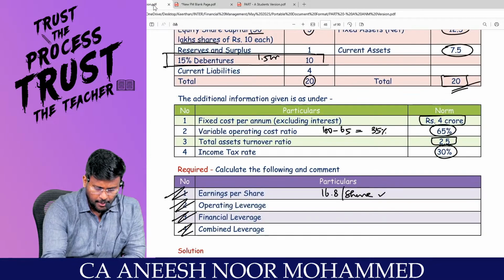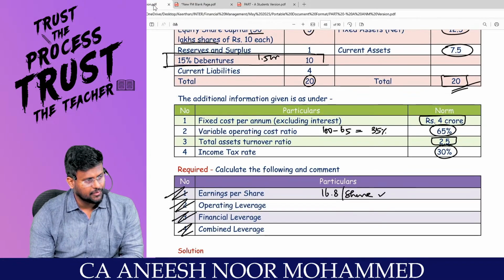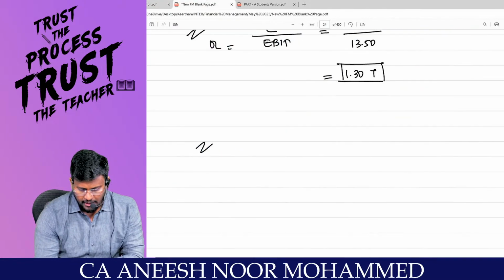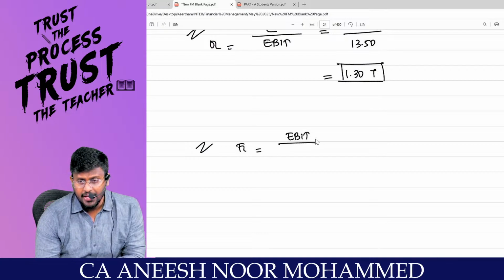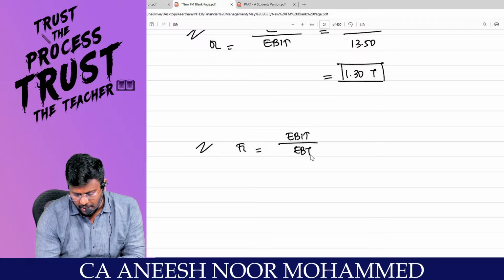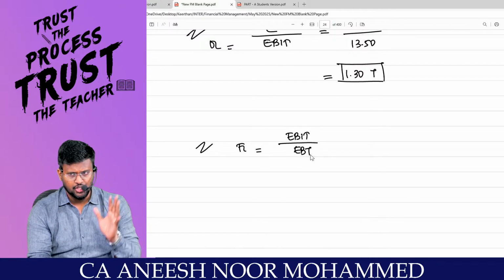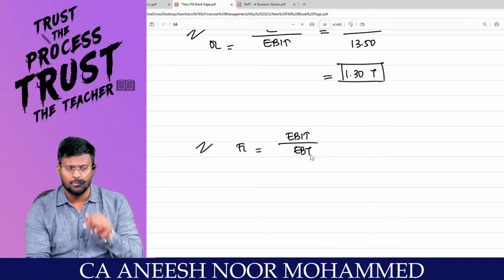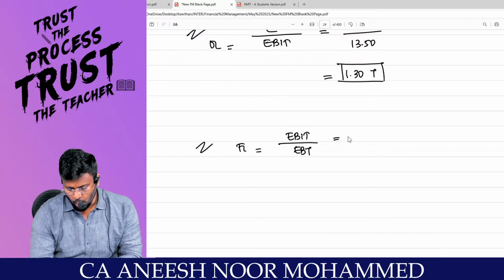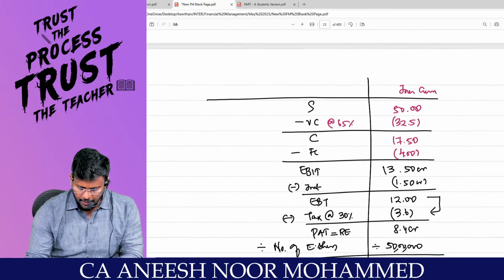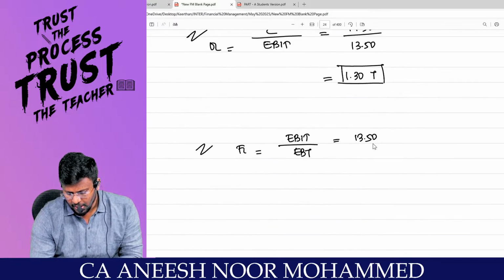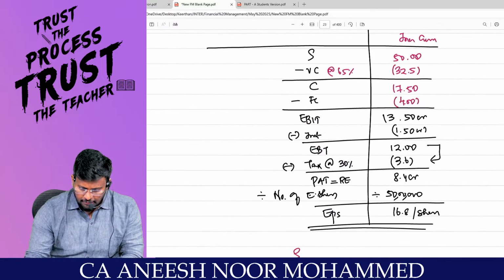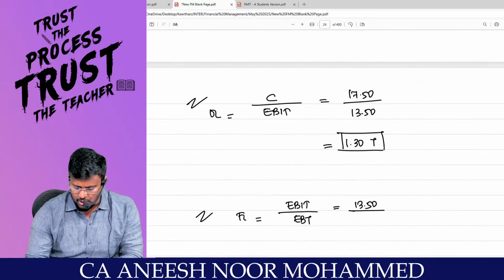The next requirement of the question is the financial leverage. As we all know that financial leverage is equal to EBIT divided by EBT. Since every information has been given in the question, this formula I will use. So EBIT will be 13.5 crores, divided by EBT, earnings before taxes, 12 crores.